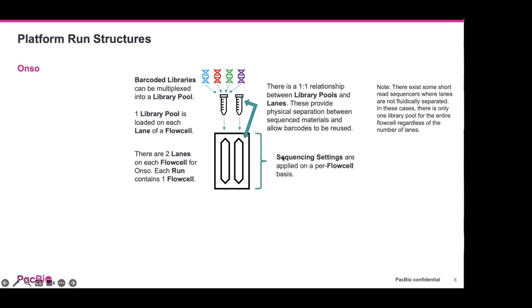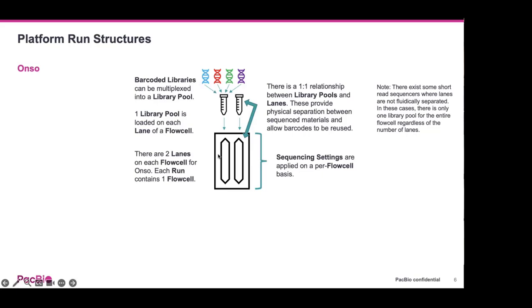So then all of your sequencing settings that you would input into the instrument control software, or ICS, are applied on a per flow cell basis, meaning the number of cycles I select for this run would apply to everything in this flow cell.